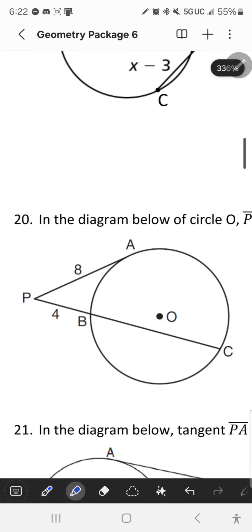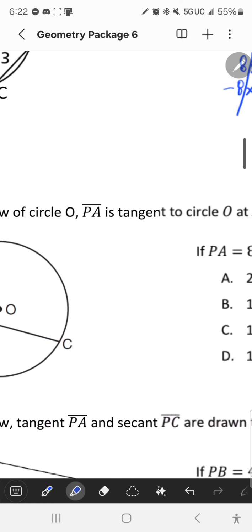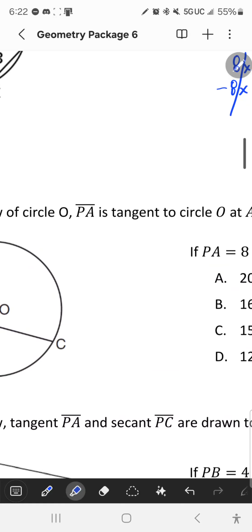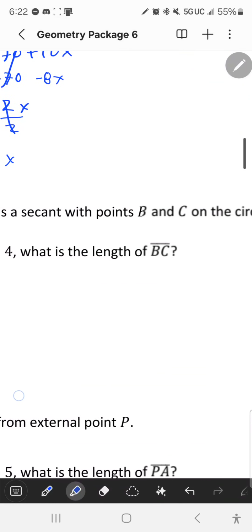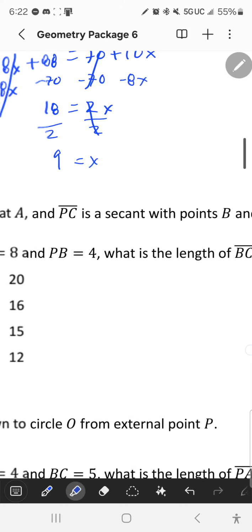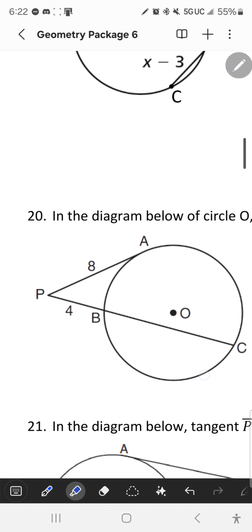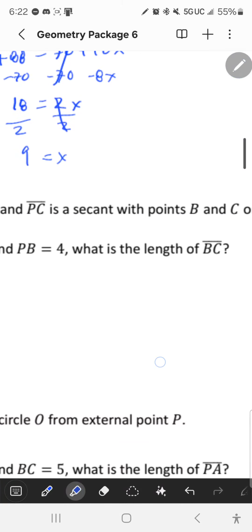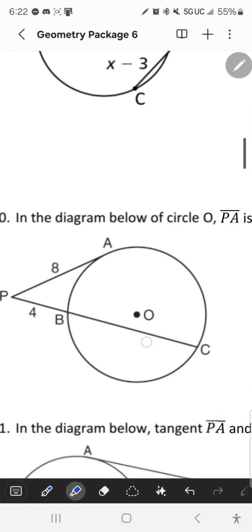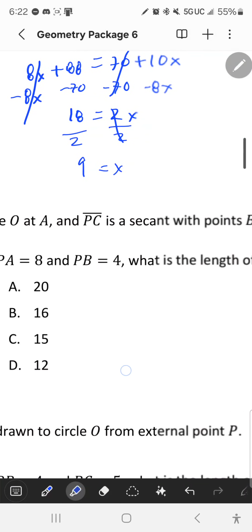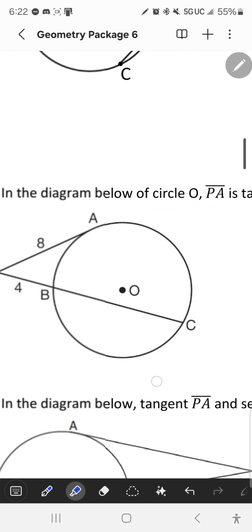Now 20. In the diagram below of circle P, PA is tangent to the circle at A, and PC is secant with points B and C on the circle. If PA equal 8 and PB equal 4, what is the length of PC?